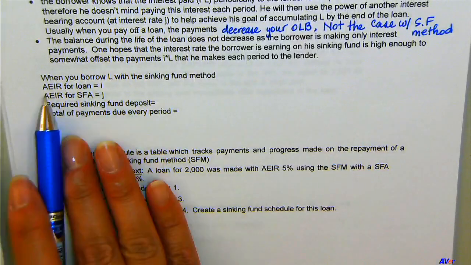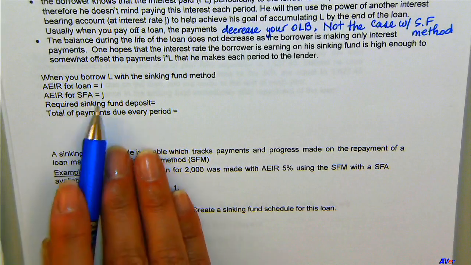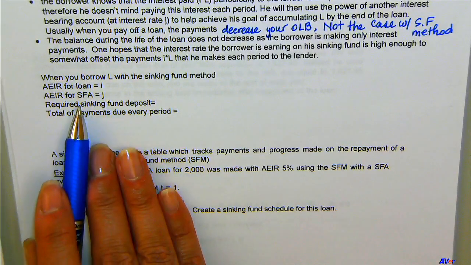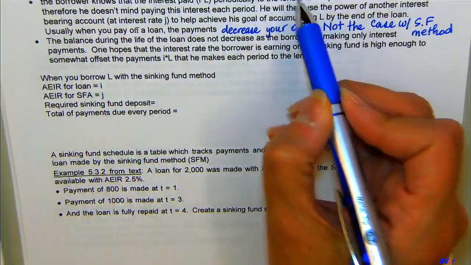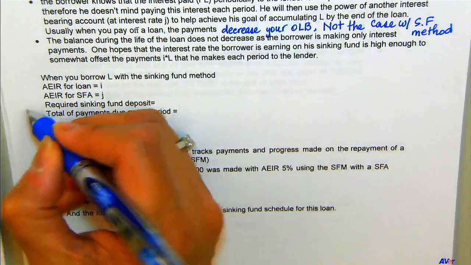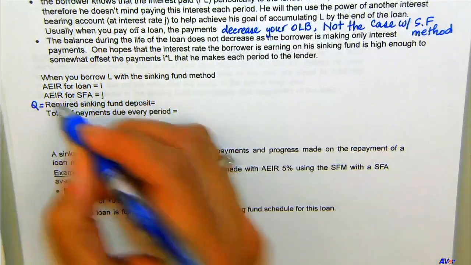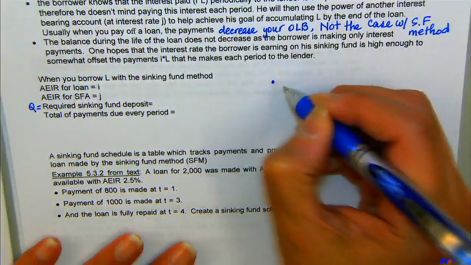So here's conventionally I is used for the interest on the loan to Mom, and J is used as the sinking fund account interest. They're usually different, and like we said here, usually J is less than I. Q is the required sinking fund deposit. So think about this, right?